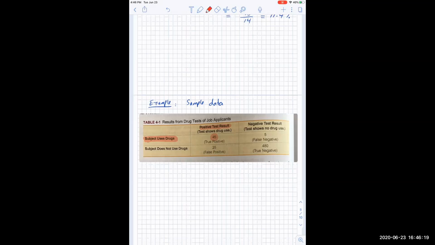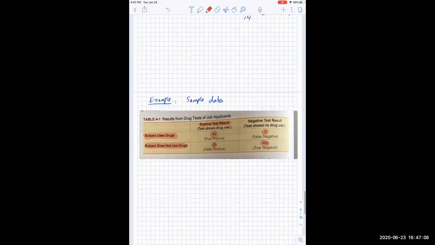And this number here, I have 5 subjects that use drugs, but their test was negative. So this is what we call a false negative. Okay.